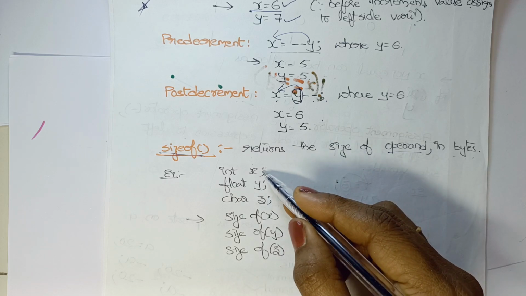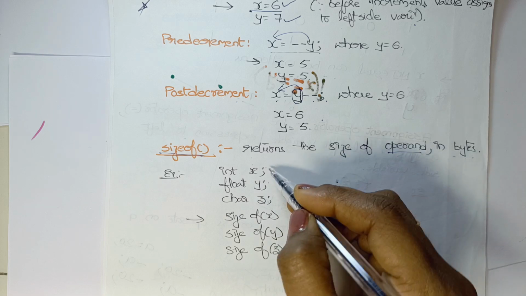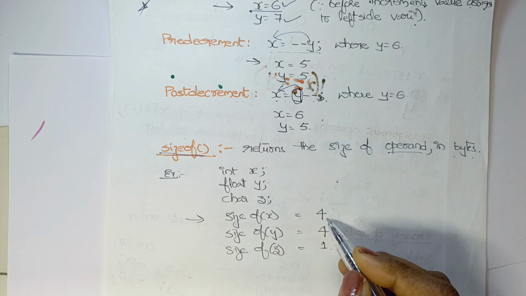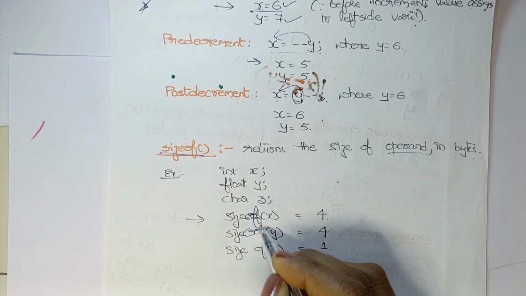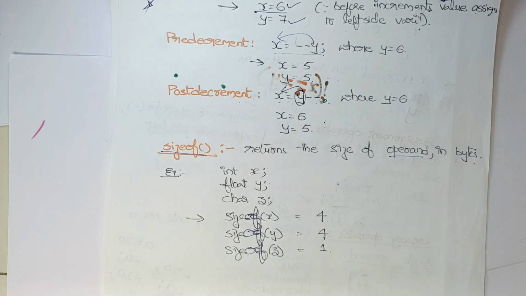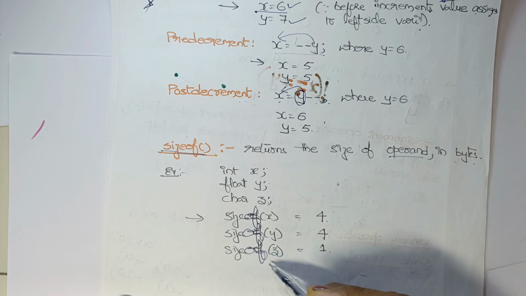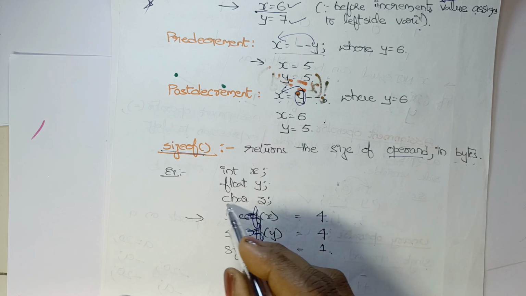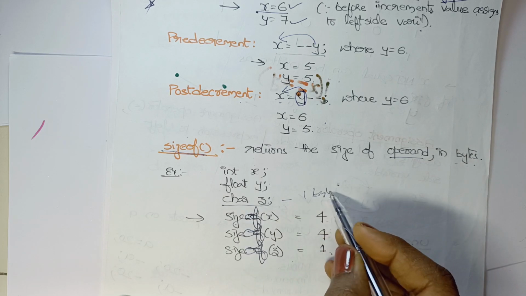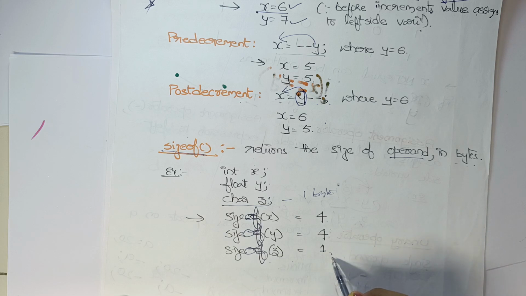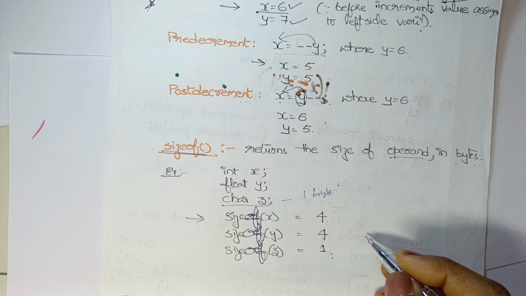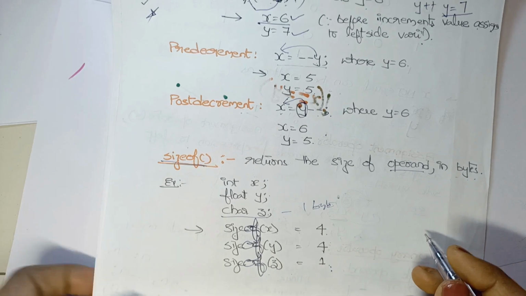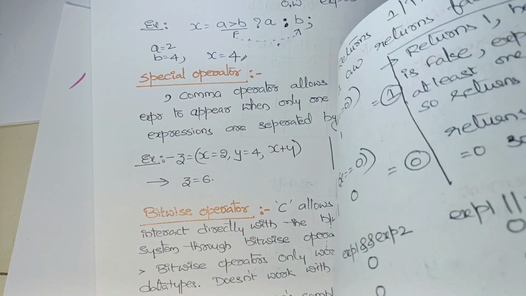Int means it takes 4 bytes, so sizeof x returns 4. Sizeof y returns 4, since float is also 4. Char means 1 byte, so sizeof z returns 1. Sizeof double returns 8, and so on. These are the unary operators.